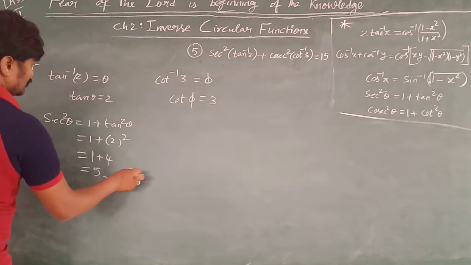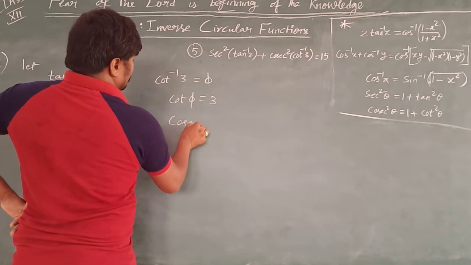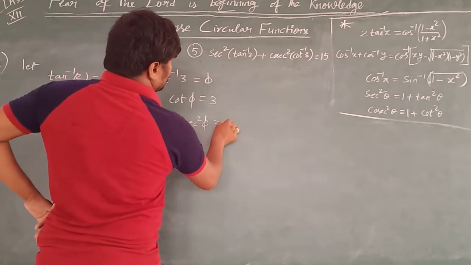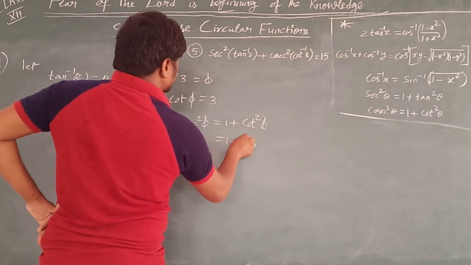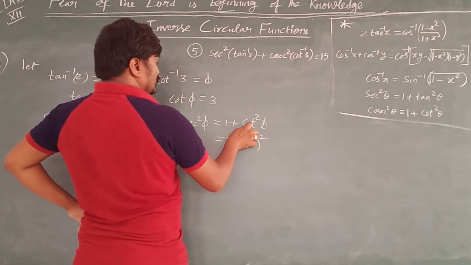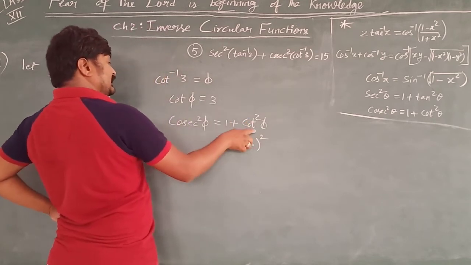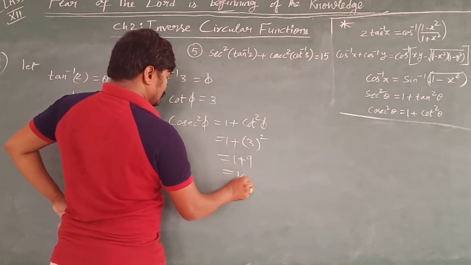This is equation number 1. And you know that cosecant square phi is equal to 1 plus cot square phi. Cot phi is 3, so cot square phi is nothing but 3 square. 1 plus 9, that is equal to 10.